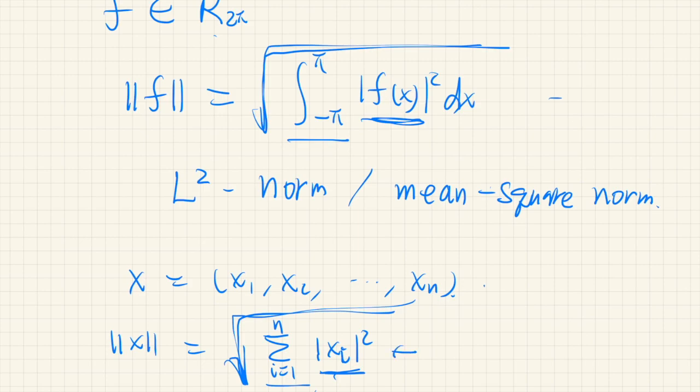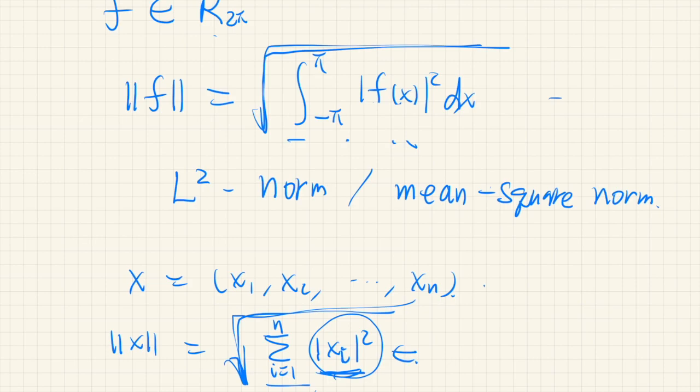And in the sum for an n-dimensional vector, of course, there are n elements. But here in the integral, how many elements are there? Actually there are infinitely many elements, right? Because this is an almost continuous function between negative pi and pi, so there are infinitely many points at which this functional value squared is calculated.